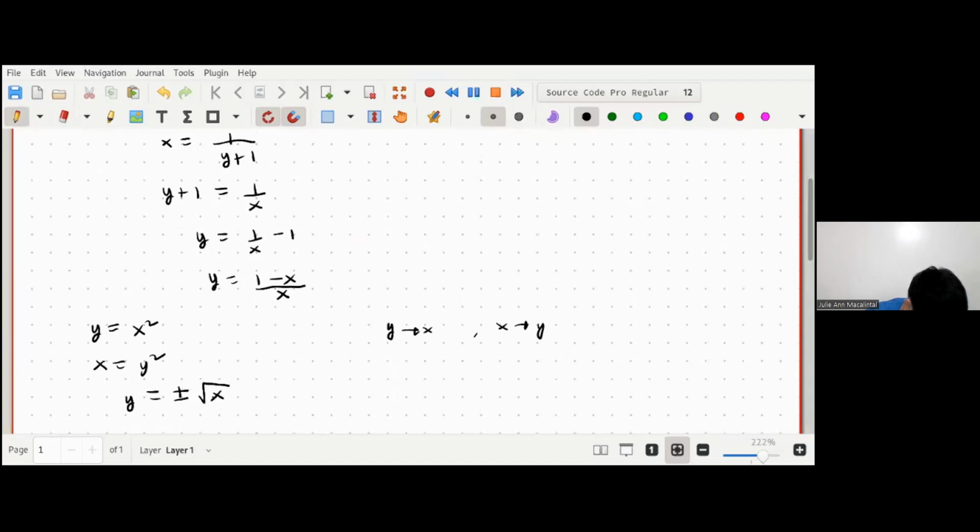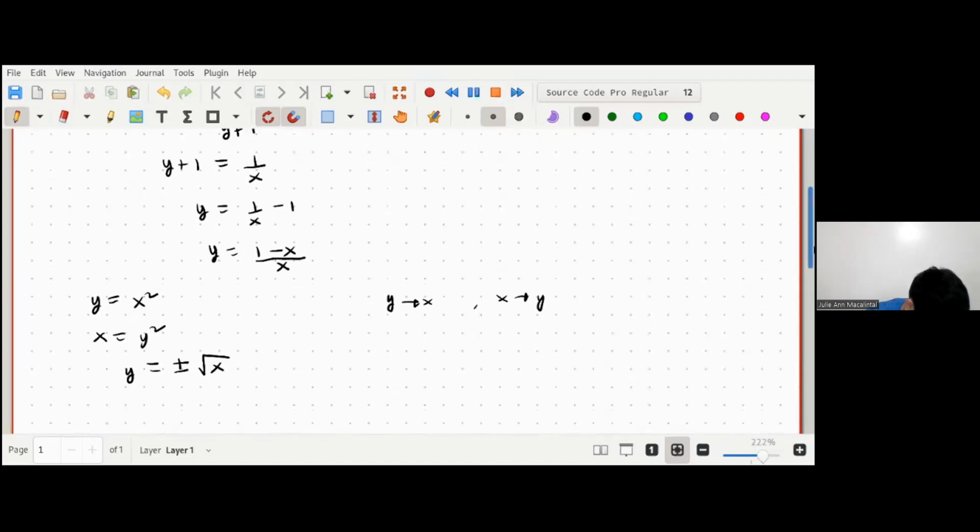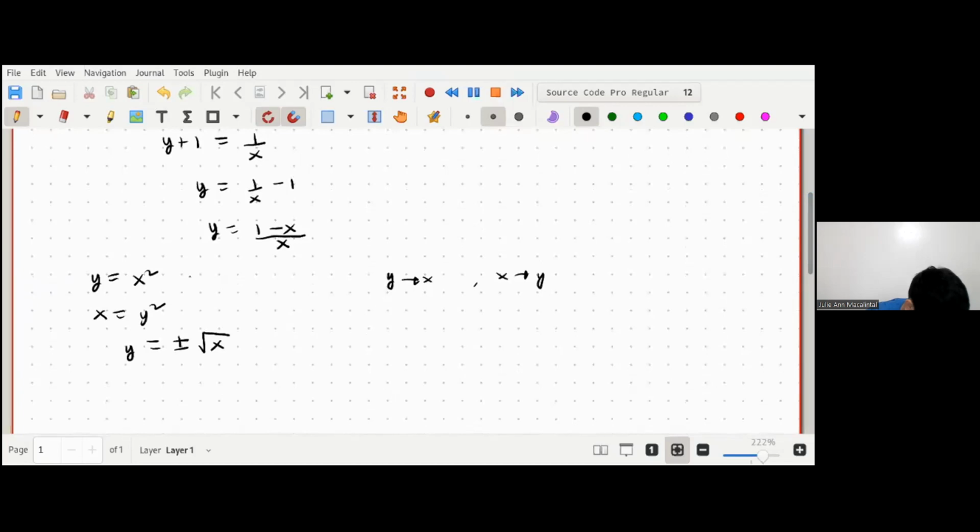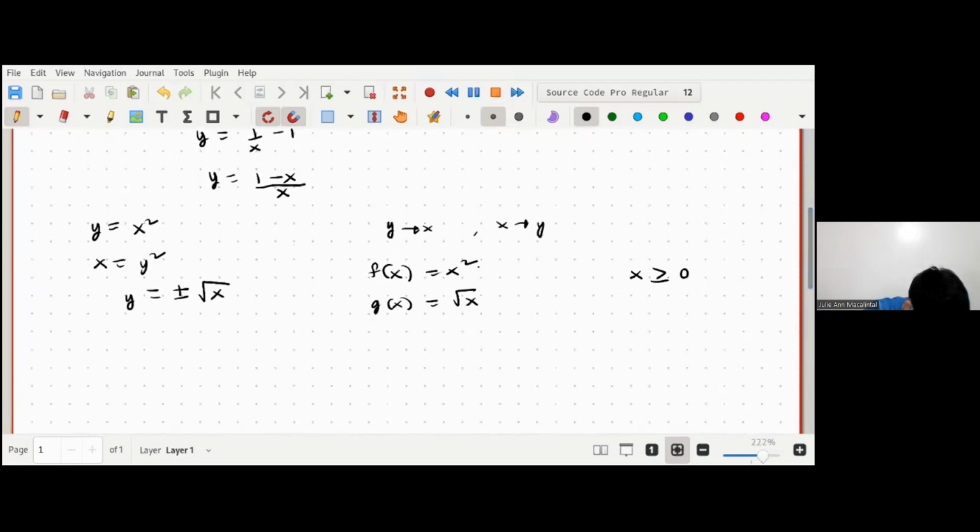Is it positive square root of x, or is it going to be negative square root of x? Okay, so ito. So if f of x is equal to x squared and g of x is equal to square root of x, may restriction lang tayo na x is greater than or equal to 0, gagana. Ito yung inverse functions kapag may restriction na ganyan.